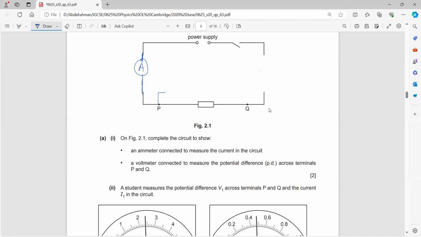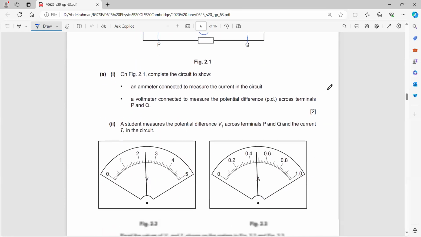And then a voltmeter in parallel, above or below. And this remaining part will just close it up. So I completed the circuit. You completed the circuit.